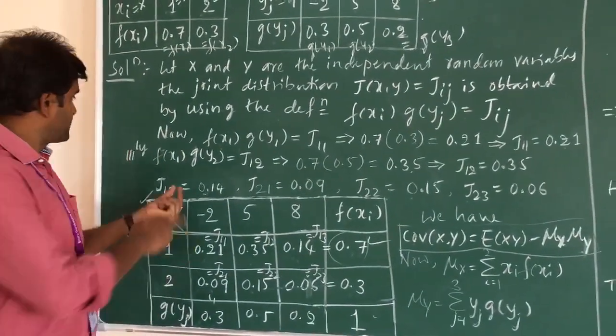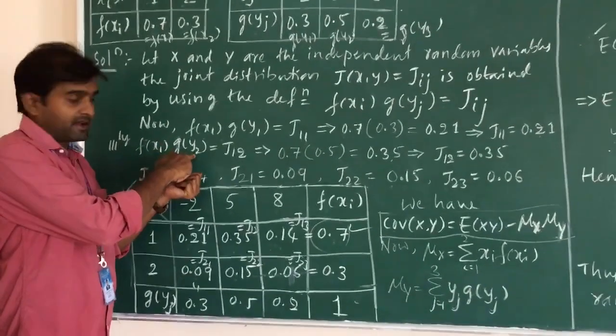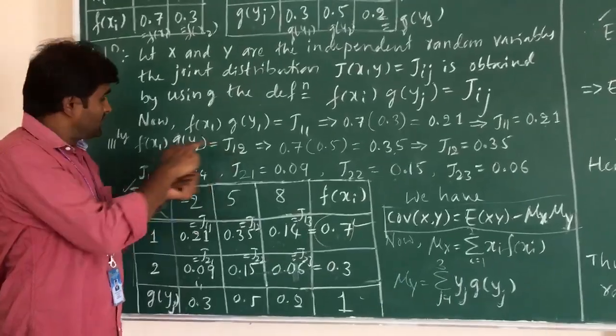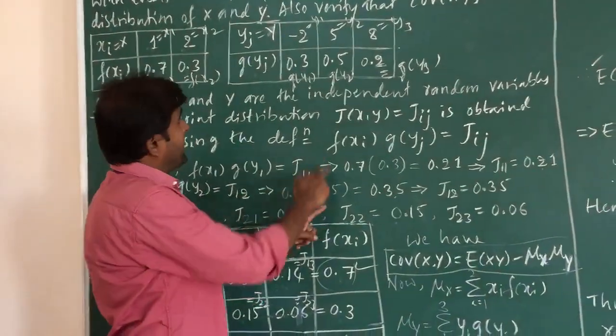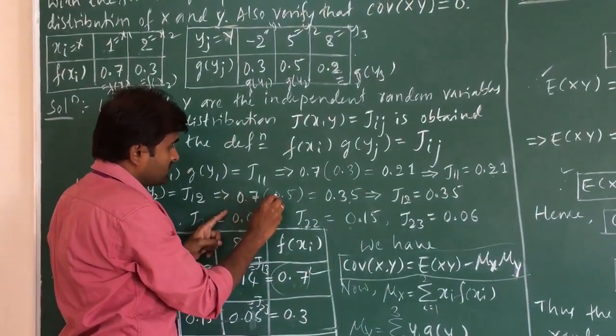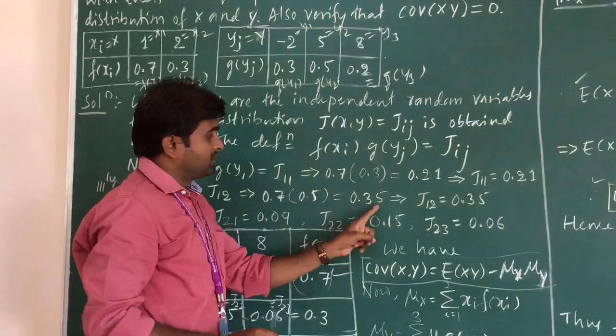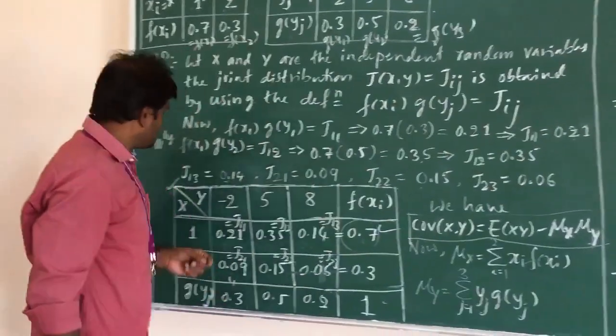Next, i is 1 and j is 2, so f of x1 into g of y2. F of x1 is 0.7, g of y2 is 0.5. After multiplying these two values we get 0.35, so J12 is 0.35.